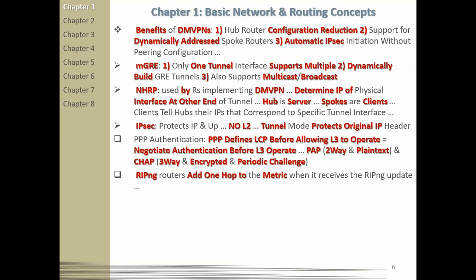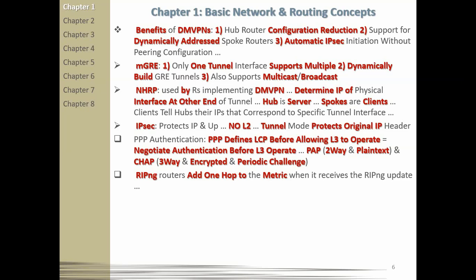Later, when the spoke router starts up, it automatically initiates the IPsec tunnel with the hub router, thanks to NHRP, because spoke uses NHRP to notify the hub of its current physical interface IP address. That's why it's dynamic. It can change because no matter which physical interface IP address spoke is using, it is going to inform the hub or the server of that address anyway.